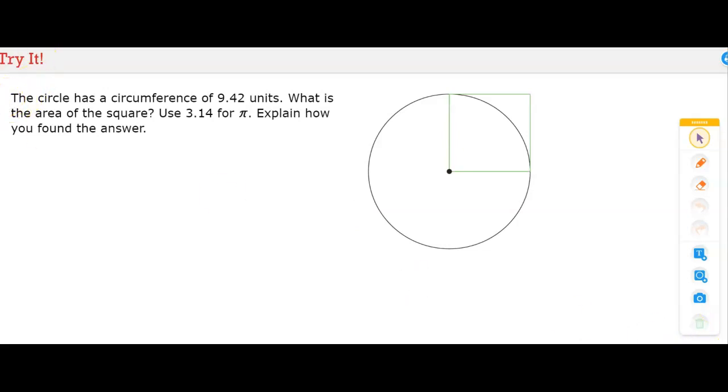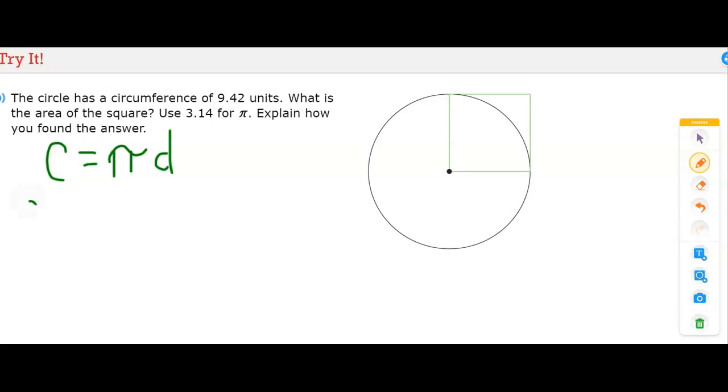The circle has a circumference of 9.42 units. What is the area of the square? Use 3.14 for pi. Explain how you found the answer. The formula for the circumference is equal to pi times d, or diameter.